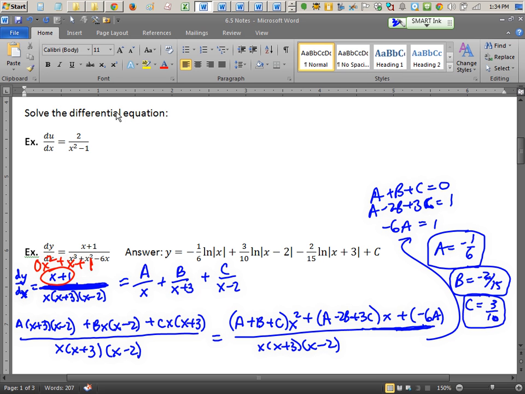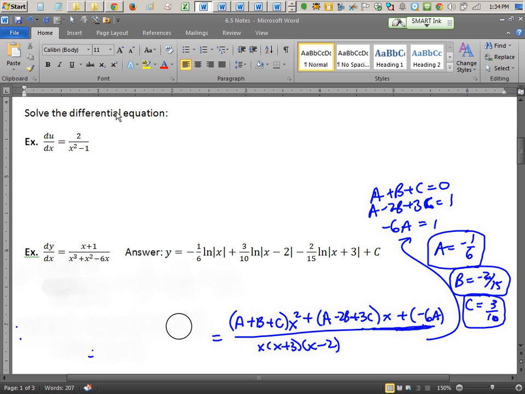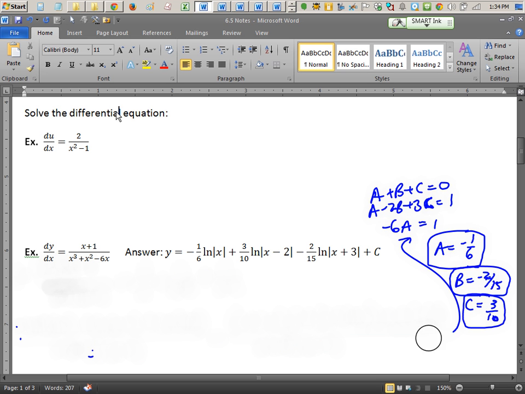So what does this mean for us? Here's what it means. That horrible function they gave us is very hard to integrate until we rewrite it.